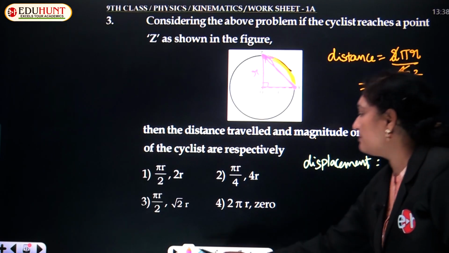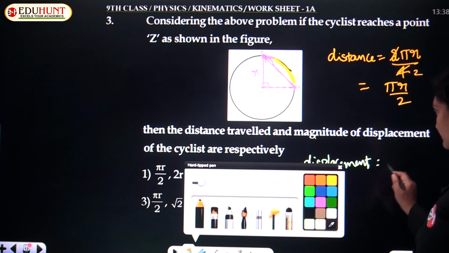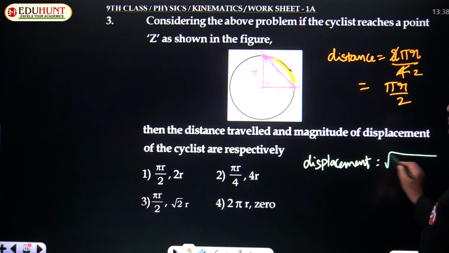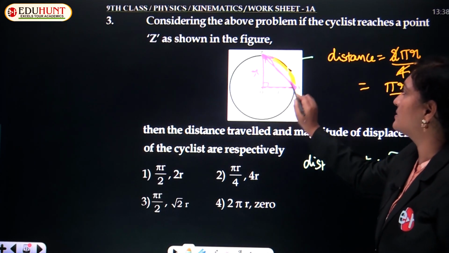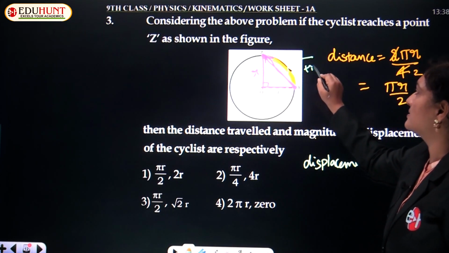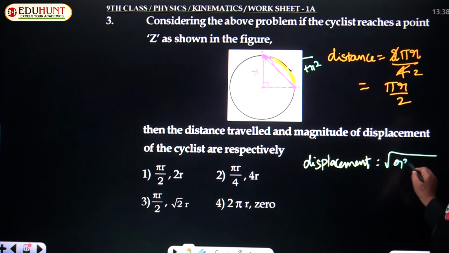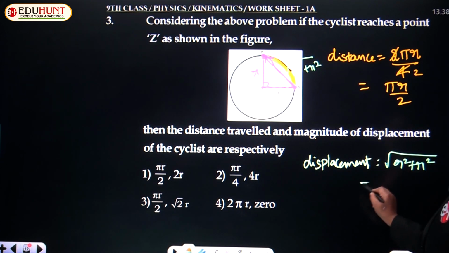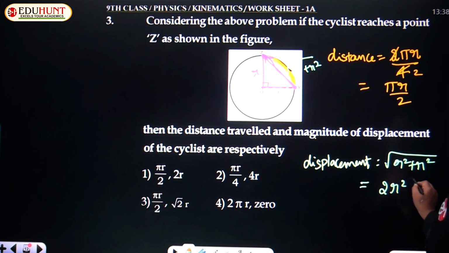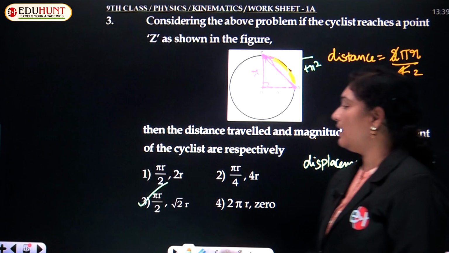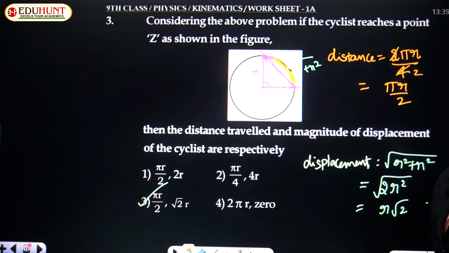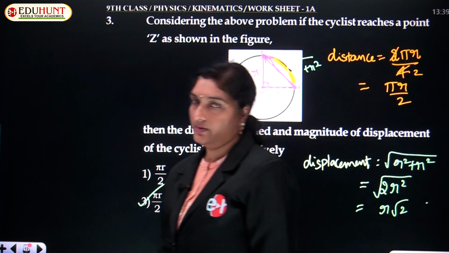So displacement can be given as how much, children? Root over r square plus r square, and this is given as root over 2r square, which is r root 2. Hence the third option must be true.